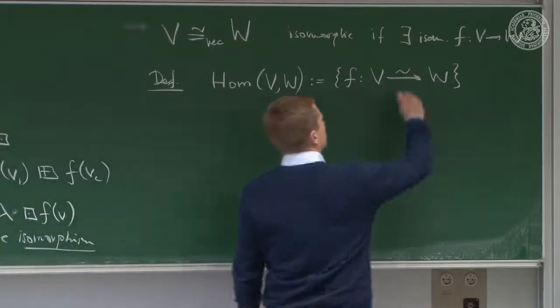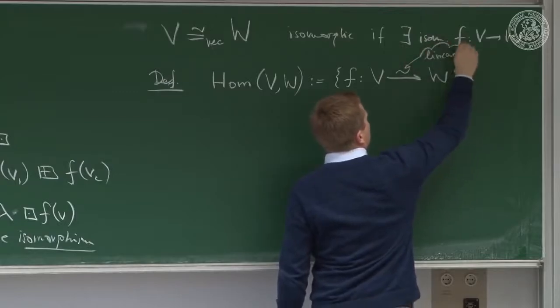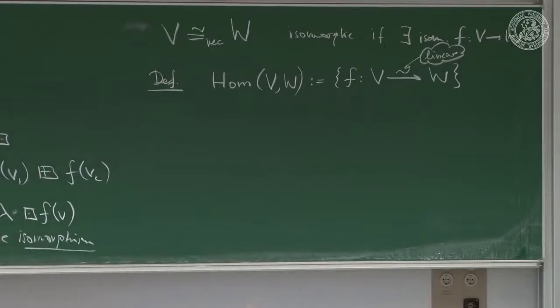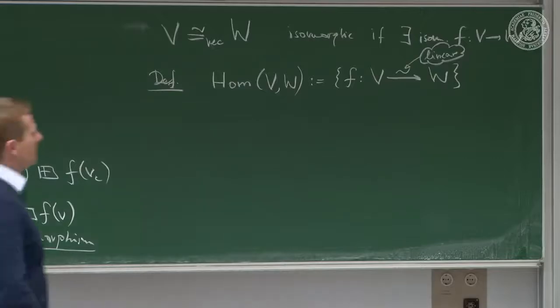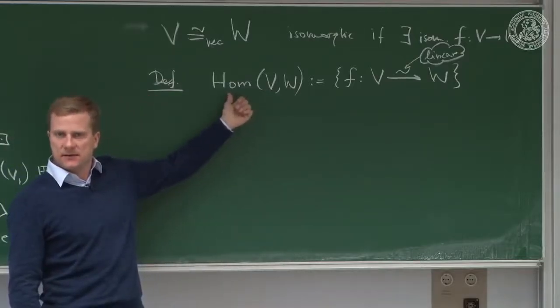Whenever I write a twiddle, I mean to say that this is a linear map. The twiddle means linear, because everything will be linear from now on, so that saves considerable amounts of chalk. As a set, it's this thing.